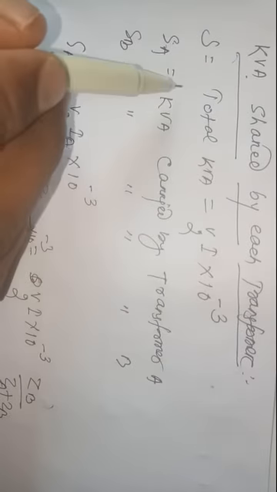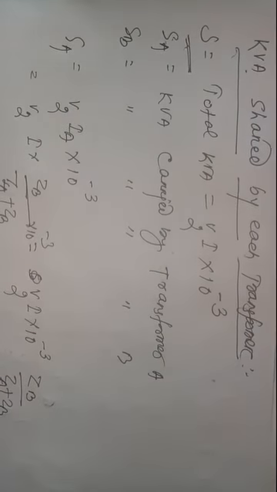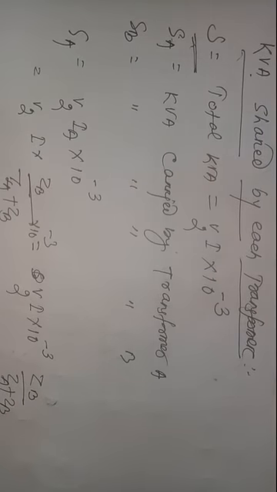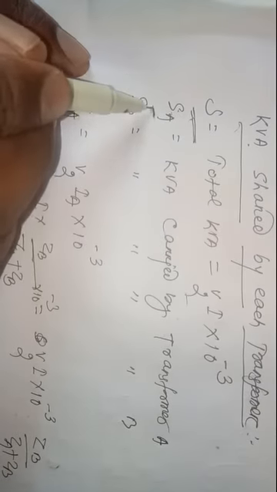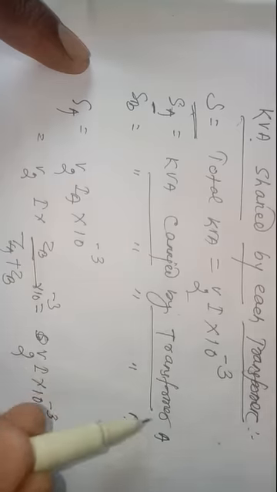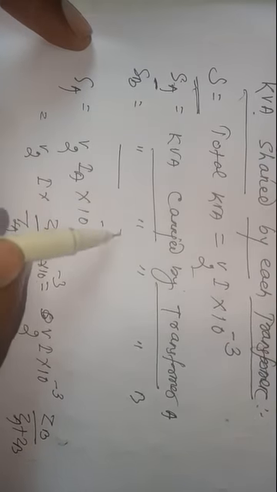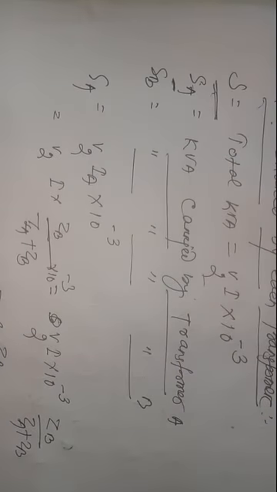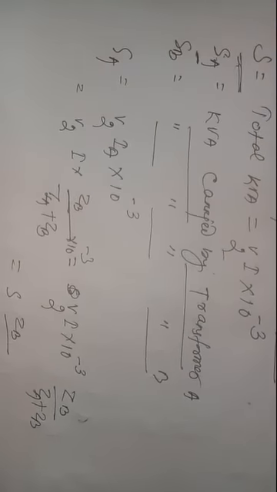Let the total KVA be S, which is equal to V2 into I, the total current, into 10 to the minus 3, because these are in VA and converted to KVA. SA is the KVA carried by transformer A. Similarly, SB is the KVA carried by transformer B. How to calculate the KVA carried by transformer A?